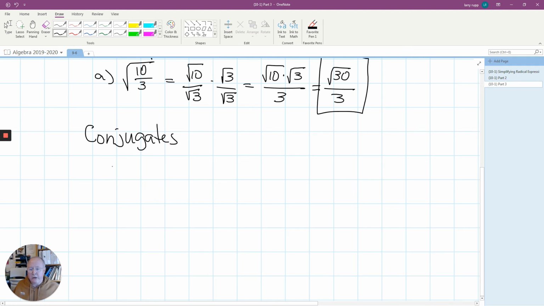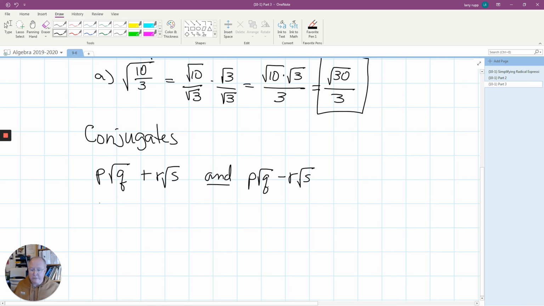Conjugates are binomials in this form: P times the square root of Q plus R times the square root of S, and P times the square root of Q minus R times the square root of S. These are called conjugates, okay?